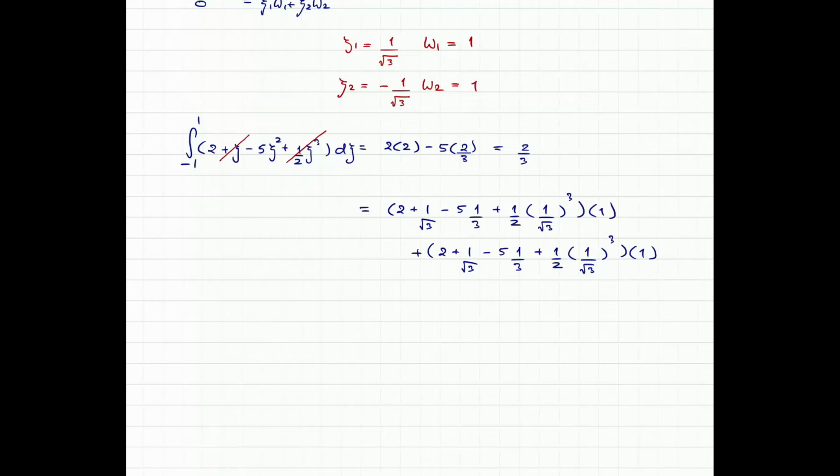We need to correct something like this. So this term cancels out, this term cancels out, and you end up with 4 minus 10 over 3, just like above, 2/3.